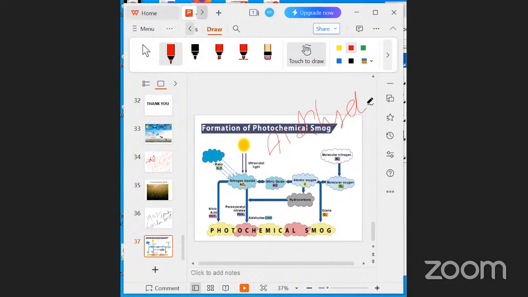So now, what causes photochemical smog and what are the conditions?